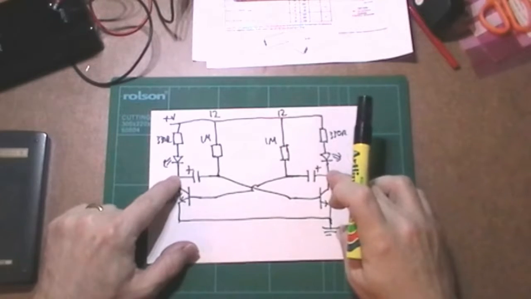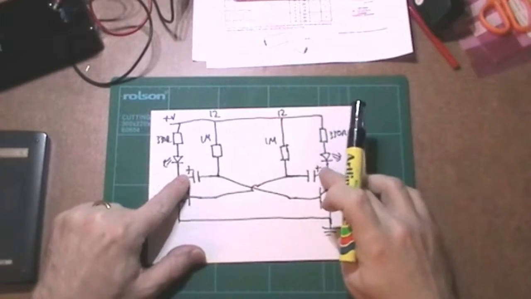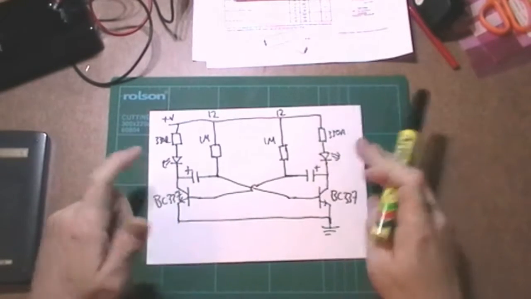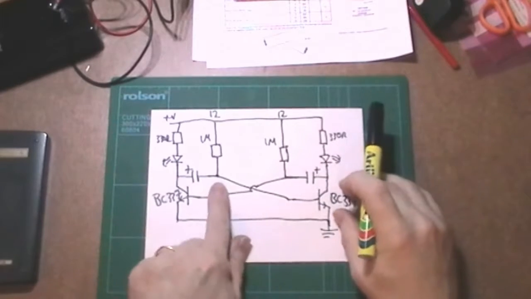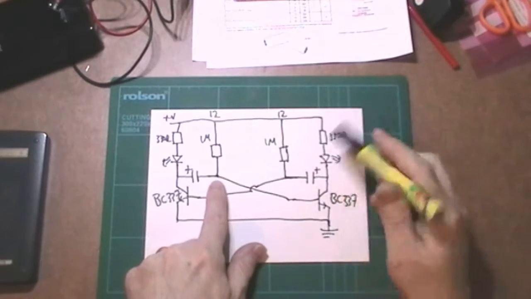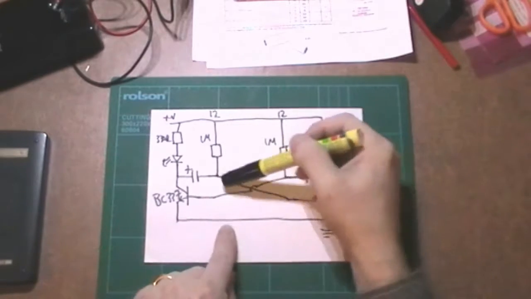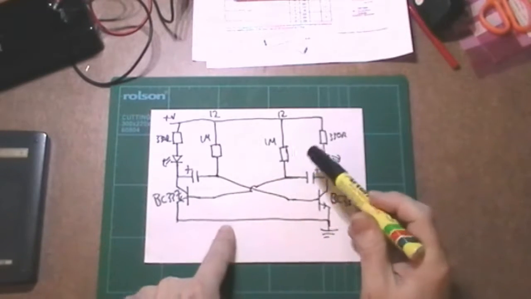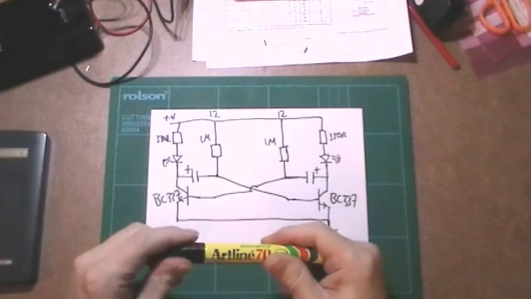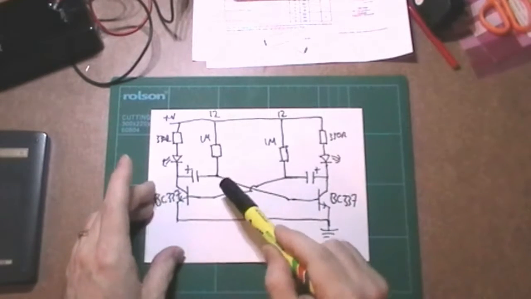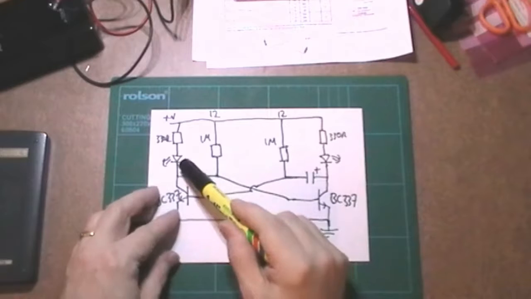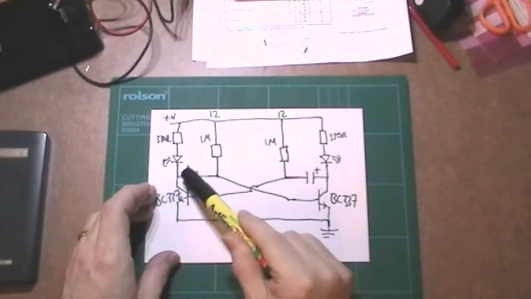So the positive side of these electrolytics has a positive voltage in comparison to the negative side, which has a 1 meg ohm resistor, and then they're connected to the transistor. So as we know, when the capacitor is turned on, the capacitor will charge, so the voltage here will rise to the supply voltage.